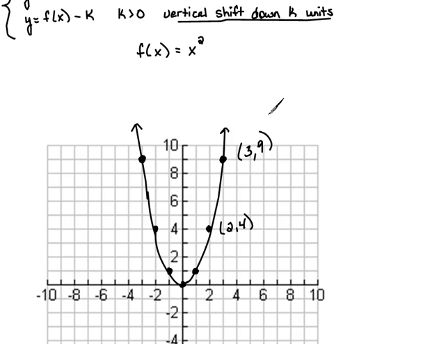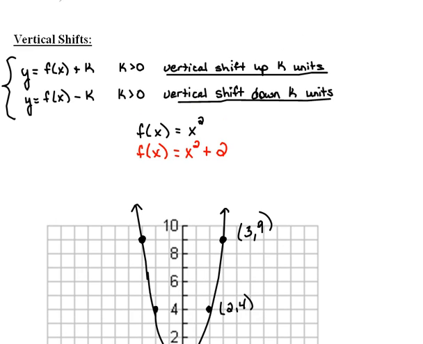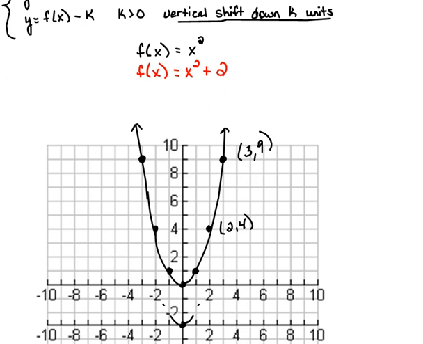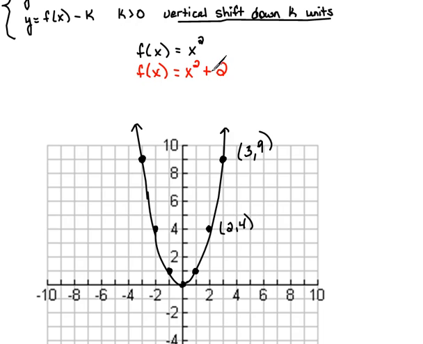Now, according to our definitions, if we were going to take that original base function of x squared and add something to the end, let's add 2, then this will vertically shift it up however many units. Since we're using 2, this is going to shift it up 2 units.